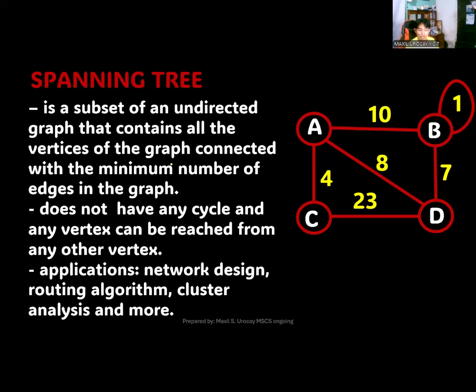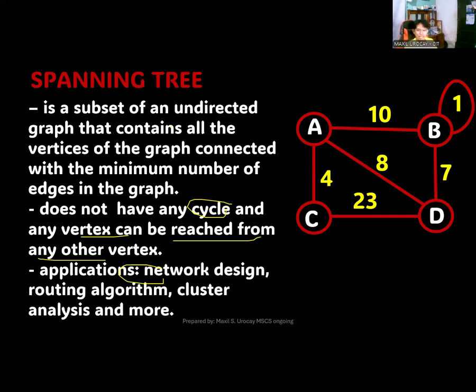Meaning it does not have any cycle and any vertex can be reached from any other vertex. The applications for this, we can apply in network design, routing algorithm, cluster analysis, and more. There's a lot of usage. The spanning tree is really useful in certain cases.